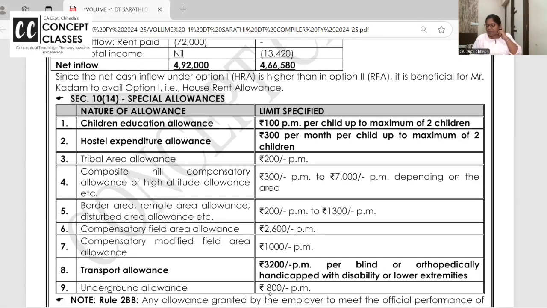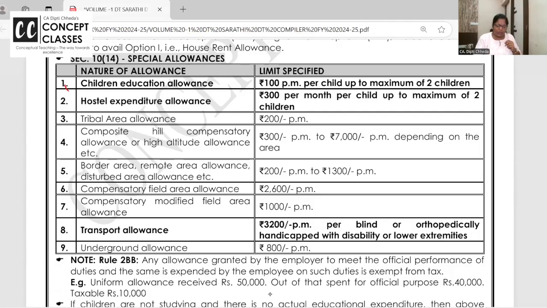Now, special allowances, there are too many. Out of that, the important ones you have to remember. This is allowed in both regimes. These two are allowed only if you opt out of the default tax regime. Children education allowance, if the company is giving, is exempt under section 10(14) up to 100 per month per child, maximum up to two children.